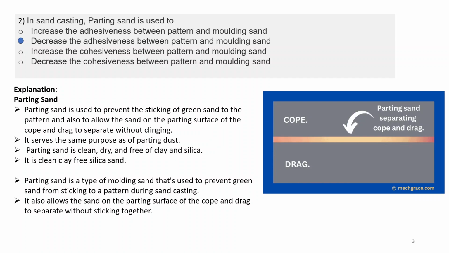It is used to prevent green sand from sticking to a pattern during sand casting, and it also allows the sand on the parting surface of the cope and drag to separate without sticking together. Between cope and drag, this line shows parting sand separating cope and drag.